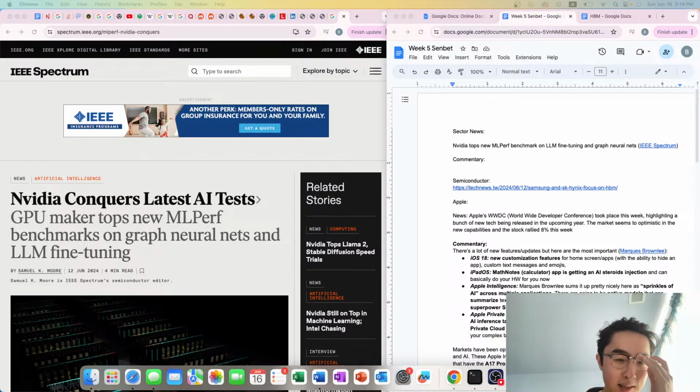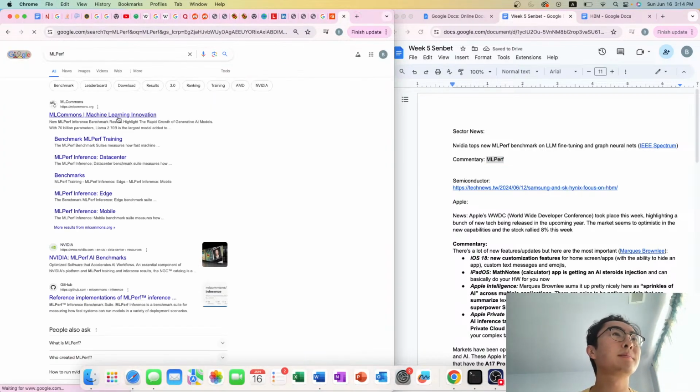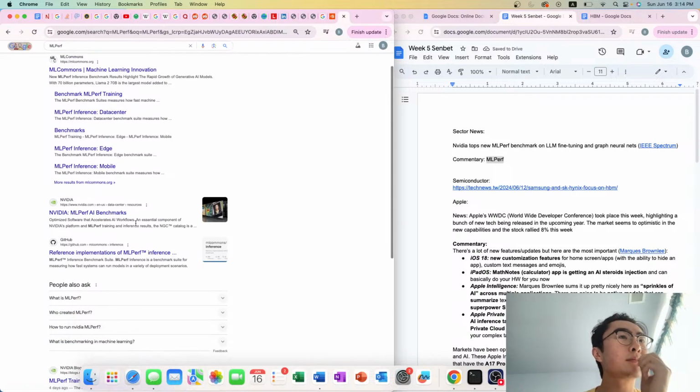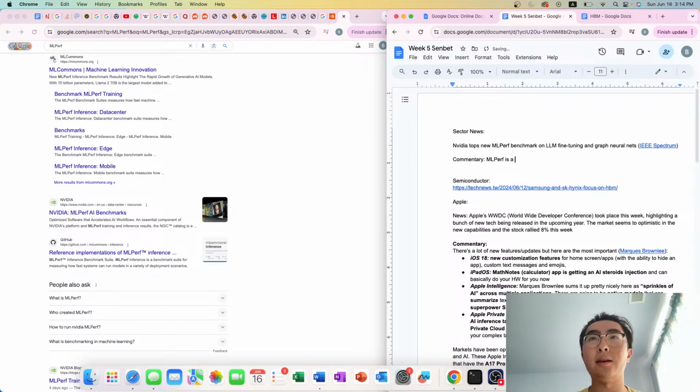Okay. So let's see. ML perf, let's take a look at what that is. Is a performance benchmark.